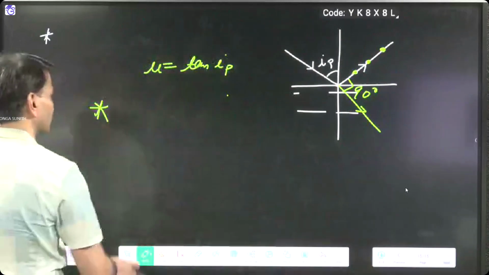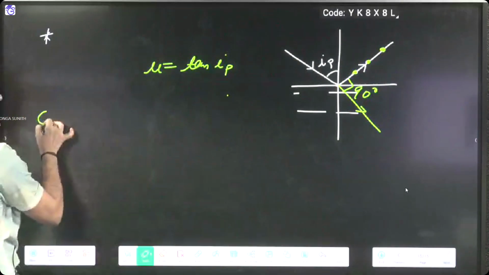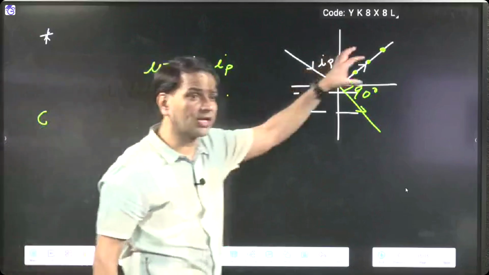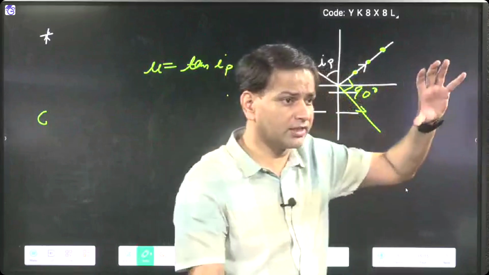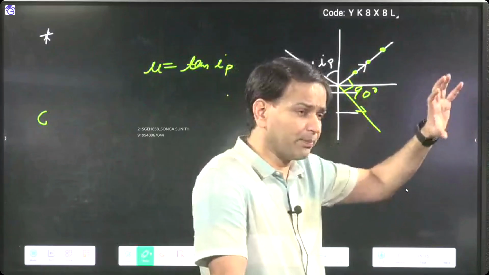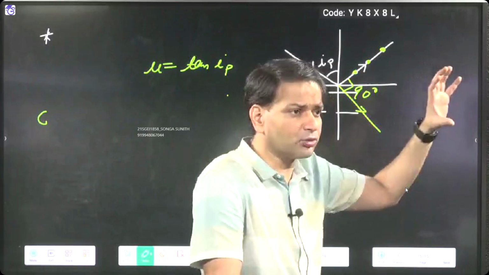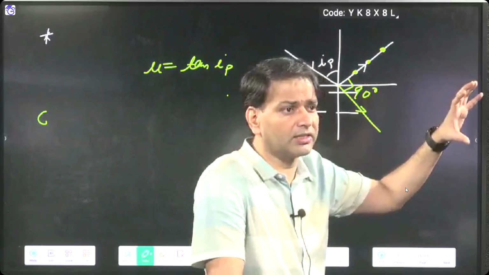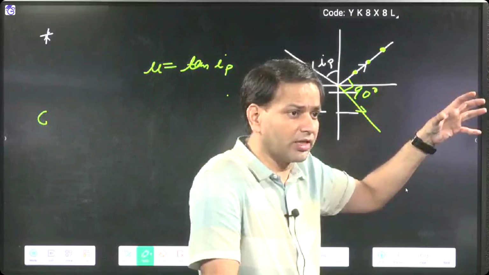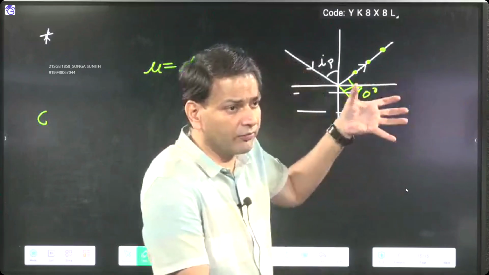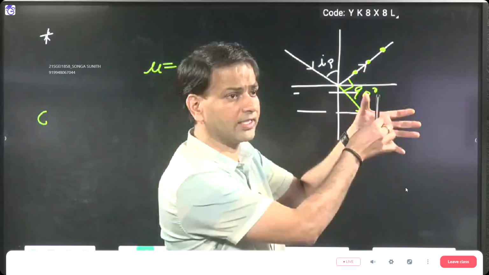This type of question I have discussed. Suppose we are putting a polarizer in the path of the reflected beam, and we are rotating the polarizer, then what will happen? When the polarizer is parallel to the plane of polarization, the transmitted intensity is maximum. As you rotate, by Malus law, the intensity will start decreasing. When both become perpendicular, the intensity becomes 0.